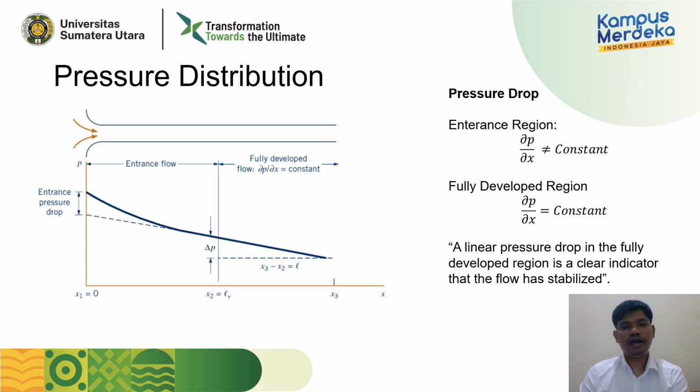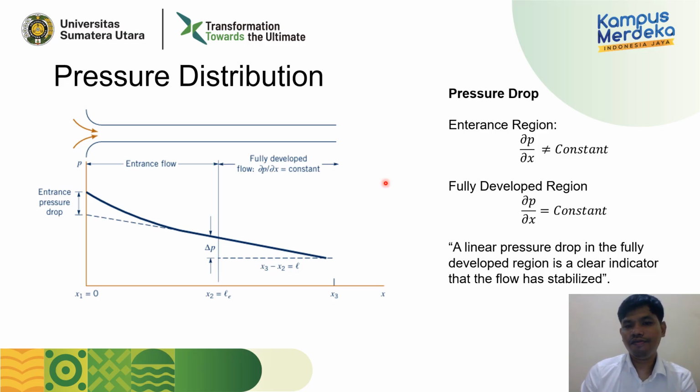This is what I talked about, the pressure distributions at the entrance flow and fully developed flow. In here you can see at the entrance flow, the pressure drop is not linear. But at the fully developed flow, the pressure drop is linear.